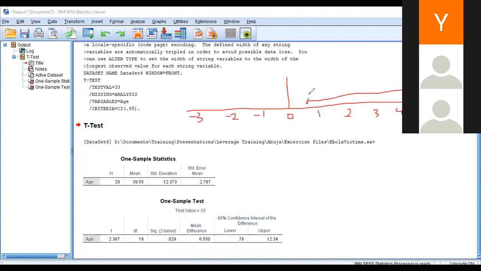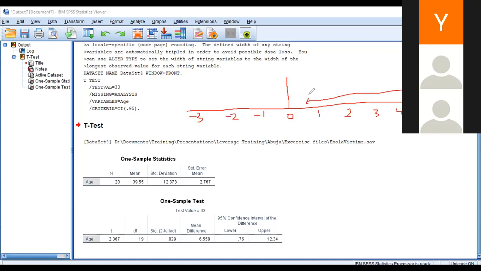That should have crossed zero, because when the null hypothesis is true, there's no difference. The difference will be zero if you remove the mean of one from the other. If the mean you are testing and the one in the population are the same, when you remove it, it will give you zero.